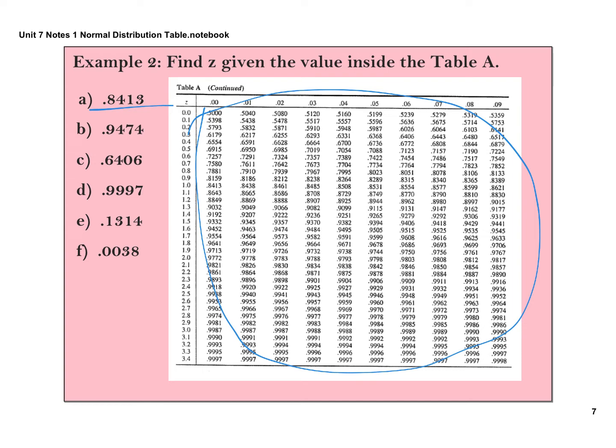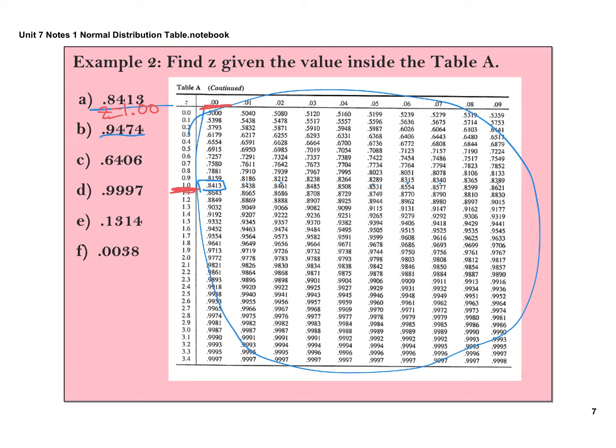So if I look, here's 8186, here's 8212, I'm getting closer, is 8219, 8315, 8340, 8389, here it is, 8413. So now find the z-score associated with that, and it goes with this and that. Your z is 1.00. So again, I'm working backwards. I'm looking in the body of the table to find the z that goes with it.